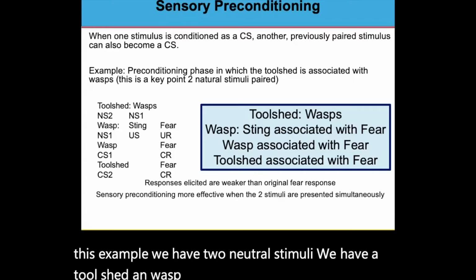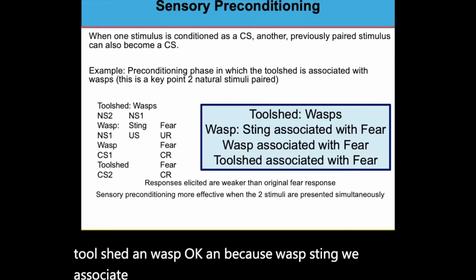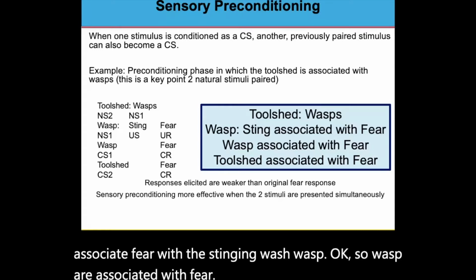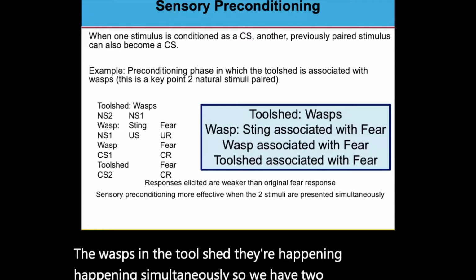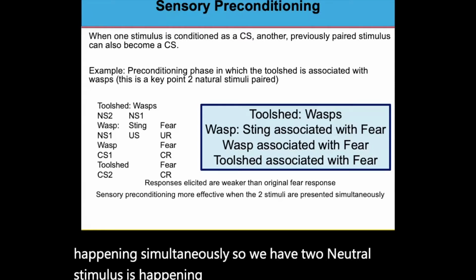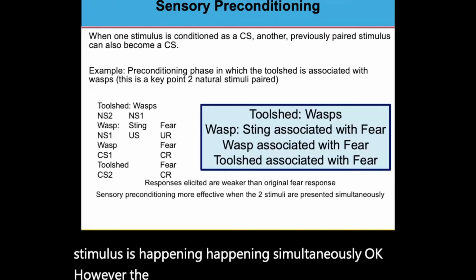Because wasps sting, we associate fear with the stinging wasp. So wasps are associated with fear. Because the wasp is in the tool shed, they are happening simultaneously. So we have 2 neutral stimuli happening simultaneously. However, the wasp is associated with the sting and therefore causes the fear.